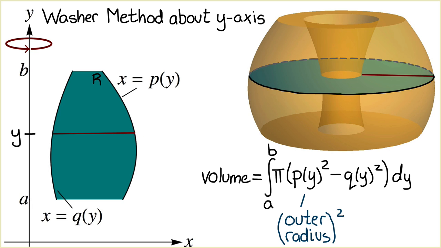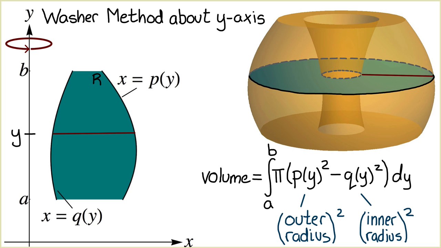We will refer to p of y as the outer radius. So in the first part of the formula, we have the outer radius squared. The value of q of y, on the other hand, is the radius of the inner hole of the washer, which is the distance from here to here, which is q of y. So q of y squared is the inner radius squared. And once again, we will need to modify this formula if we revolve R about another vertical line besides the y-axis.